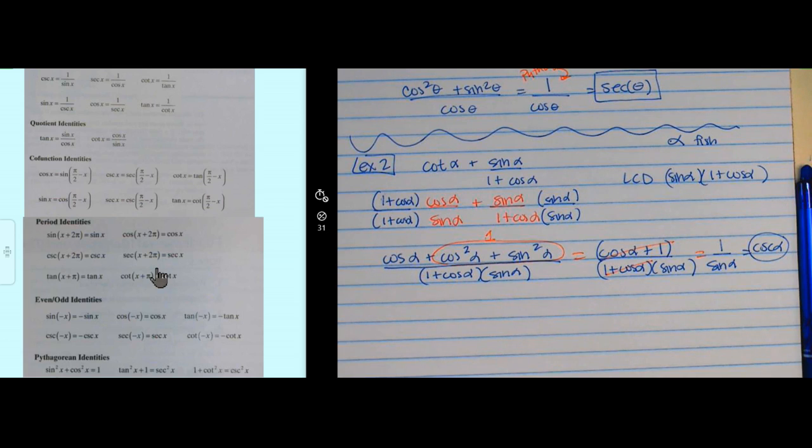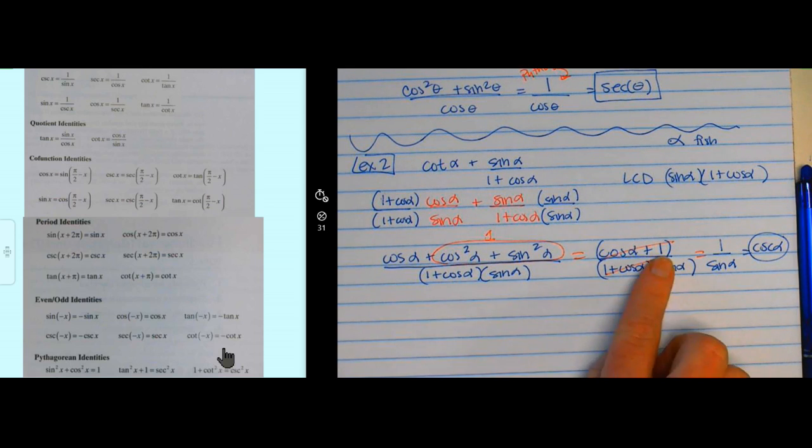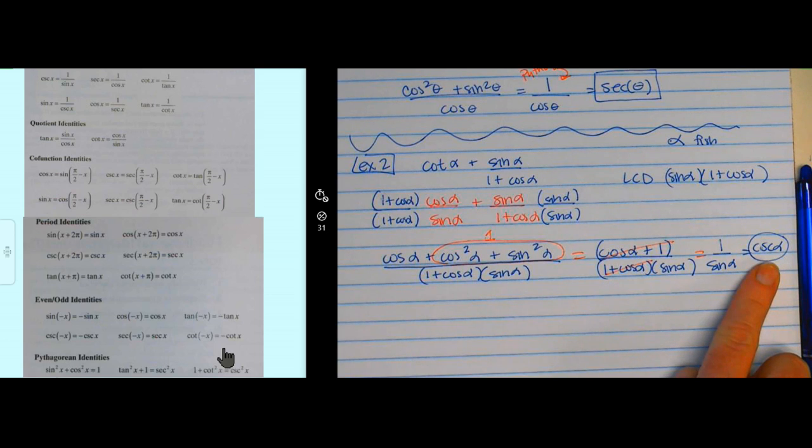So you get a common denominator. Then you see if there are any trig identities over here that you can swap out. It's kind of like substitution. You swap out something that's equivalent. Identities are equivalencies. And then once you've swapped things out, you can simplify and have a simplified answer.